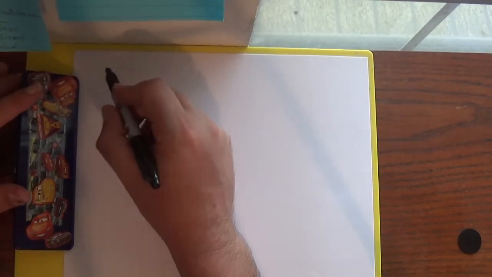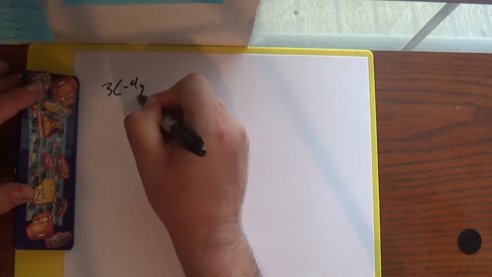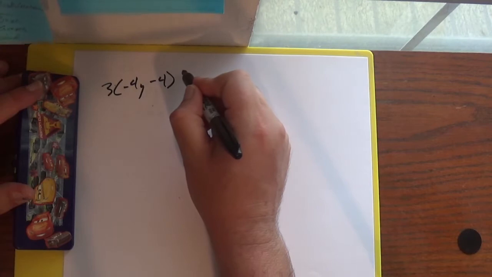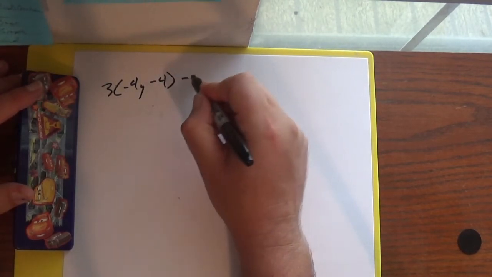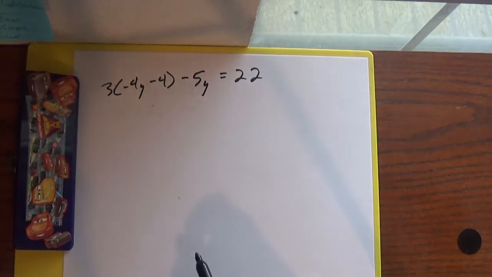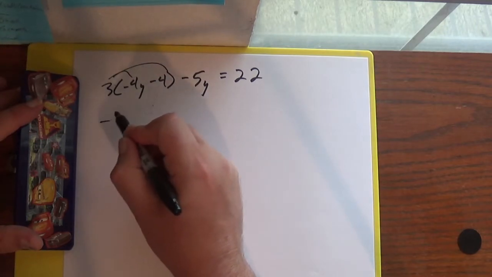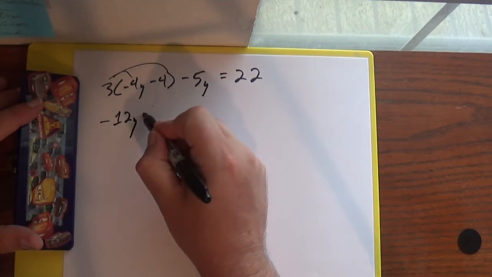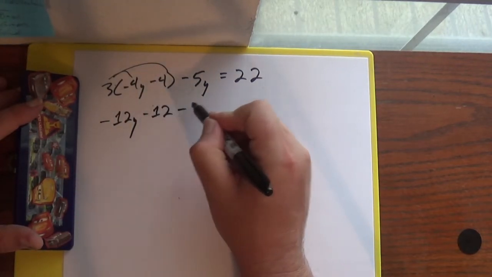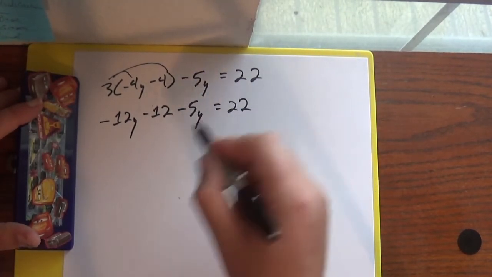Let me rewrite it. Negative 4y minus 4 minus 5y equals 22. And I need to distribute. So negative 12y minus 12 minus 5y is 22.